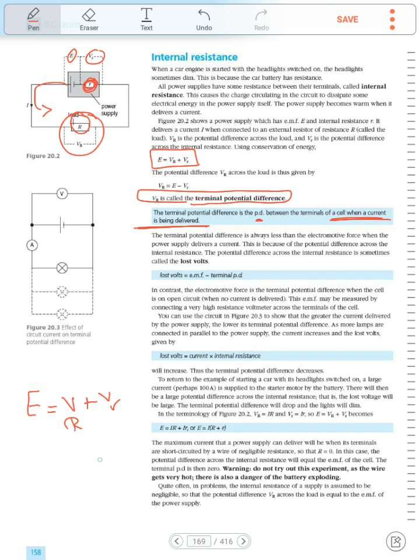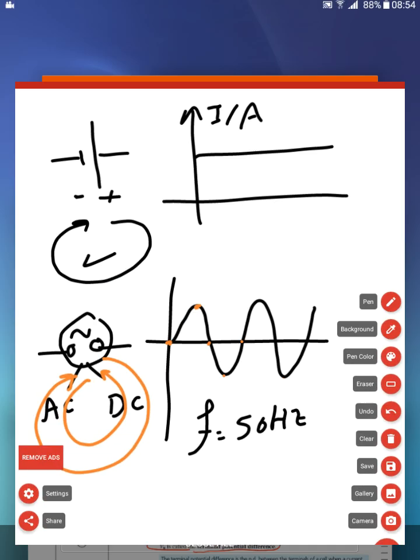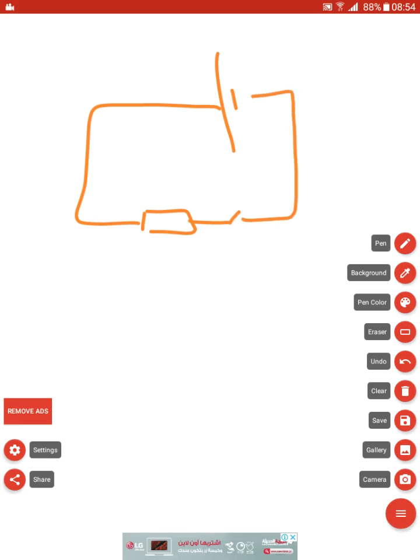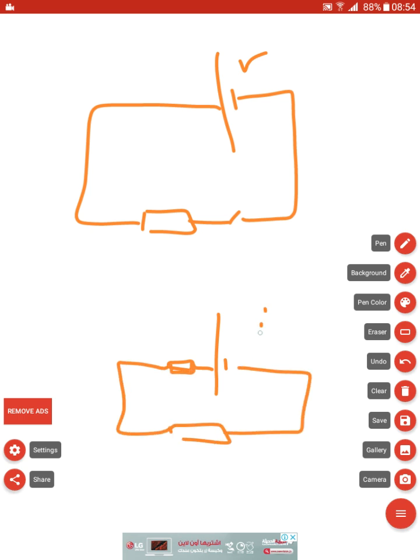If we have no current inside the circuit, which means that the switch is turned off, this is the outer resistor, this is the switch, and here we have internal resistance. We can write just small r next to the battery, or we can draw a small resistor next to the battery, or sometimes we can put a block like this to mention that we have an internal resistance here.